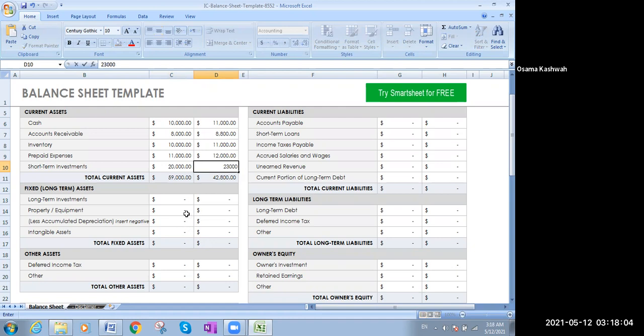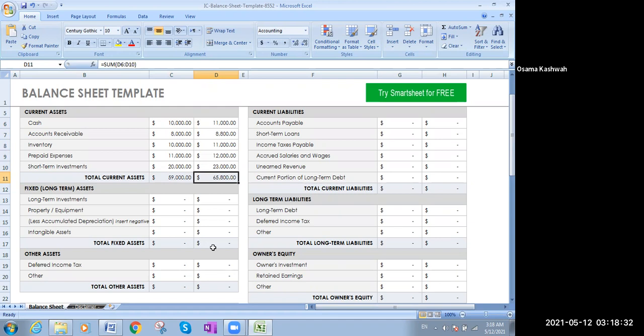Okay, you will notice that the program itself calculated them. So 10,000 plus 8,000 plus 10,000 plus 11,000 plus 20,000, all this will be 59,000. Likewise, 11,000 plus 8,000 plus 11,000 plus 12,000 plus 23,000 will give me 65,000.